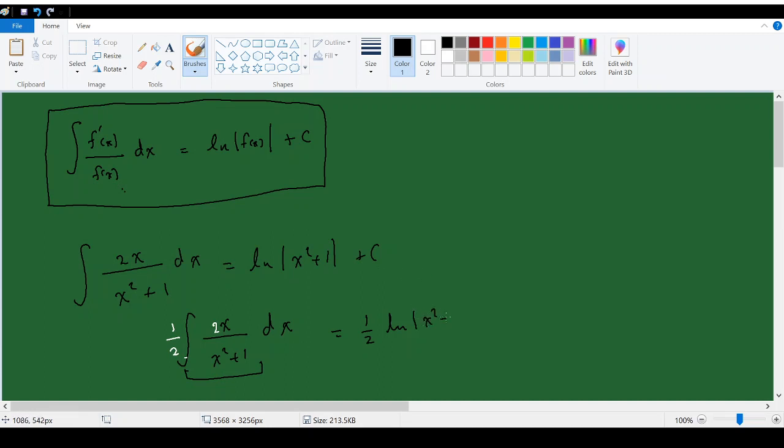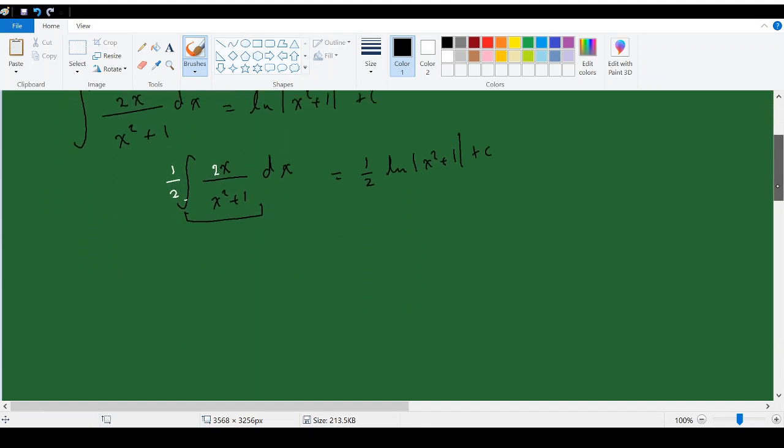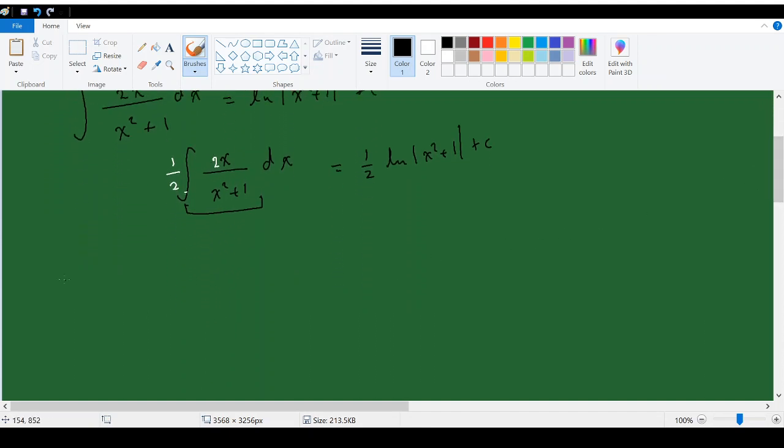Okay, right. Now what if we have something like this one, x cube plus x over x minus 1? Now here it is an improper fraction, right?